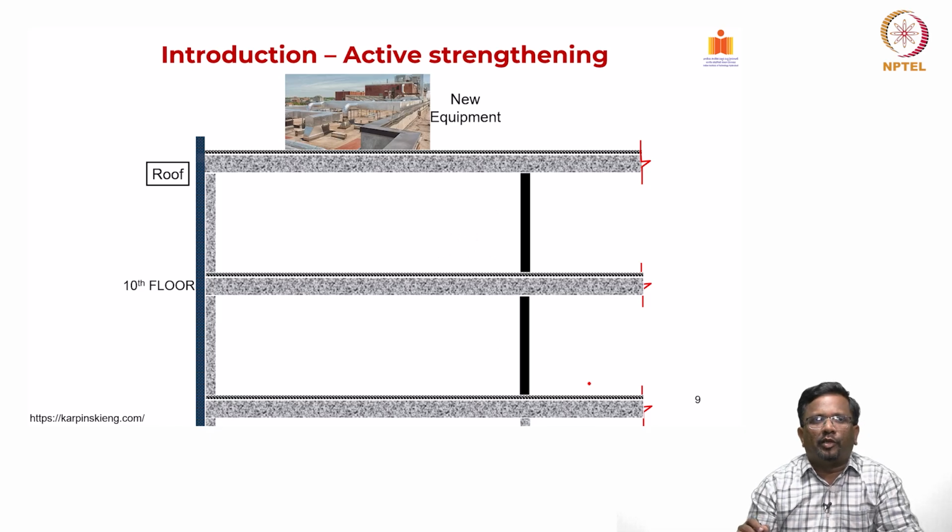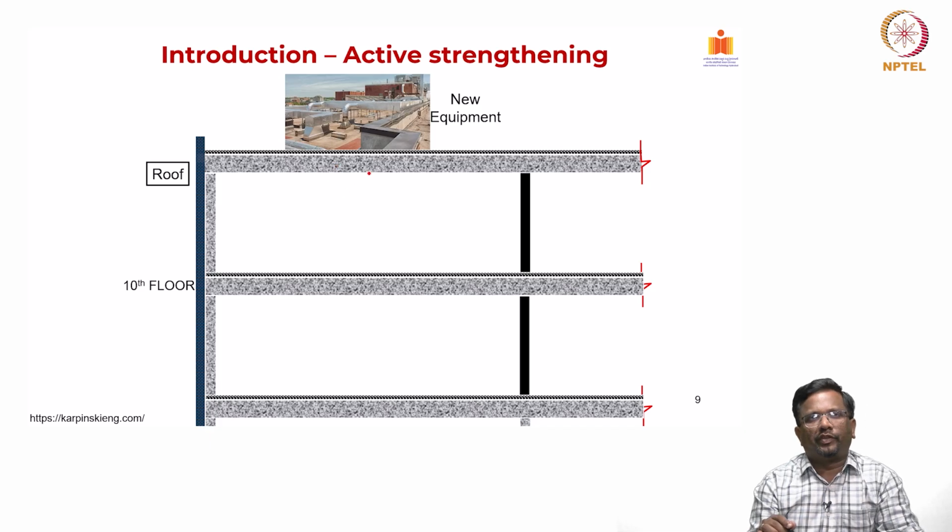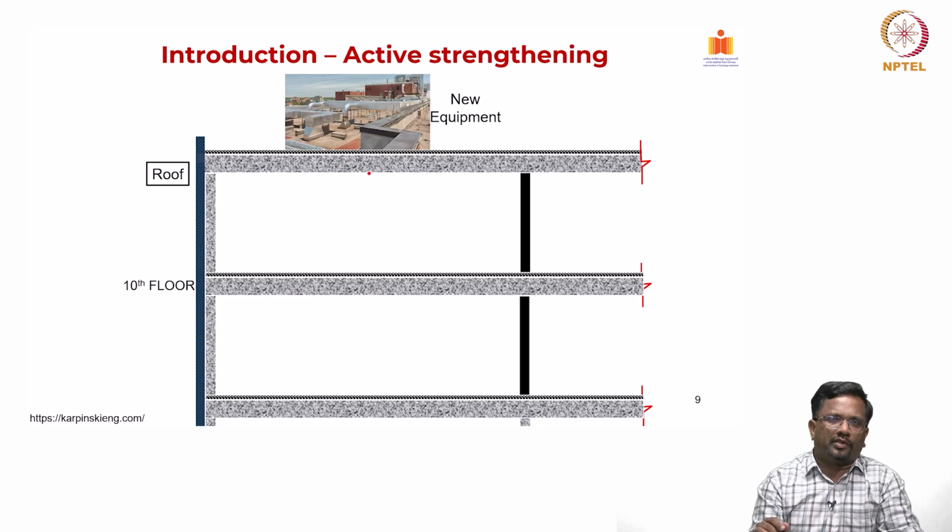Another classic example is this. Let us say I have a roof, now I want to add some HVAC system and I want to put a lot of heavy equipment on the roof slab, then you are going to have a significant amount of external load being added. So, that is going to create strength as well as deflection issues. Now, how do we address it?